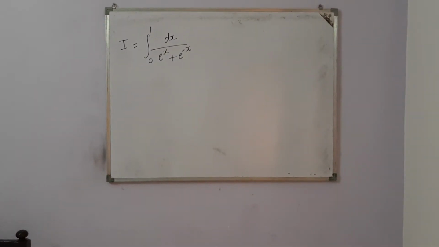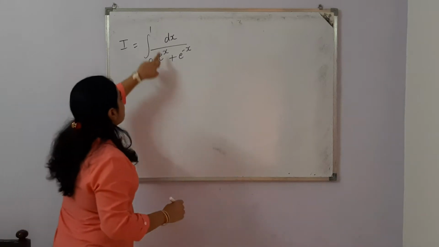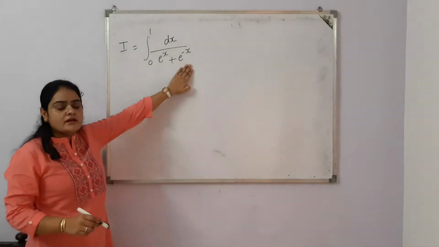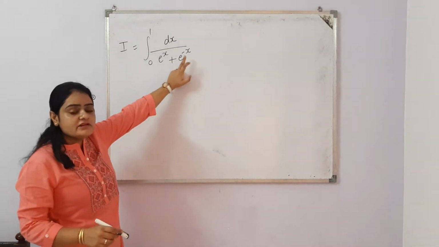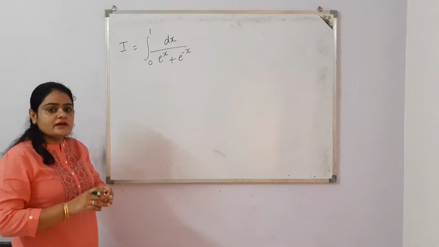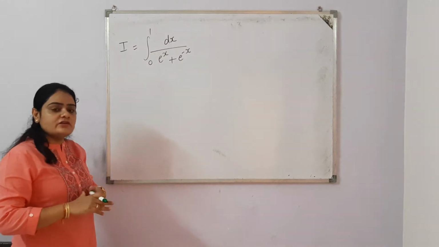Now the next question is, we have the function 1 upon e raised to power x plus e raised to power minus x. Whenever an exponential function is there and its power is negative, first of all we change this power into positive power.